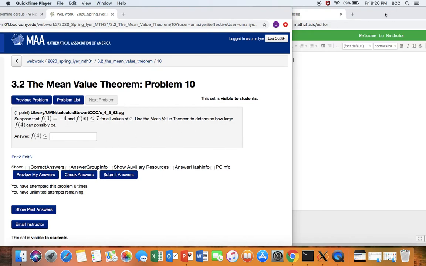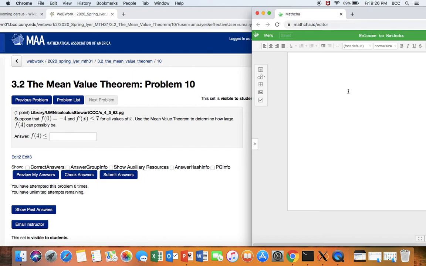So first thing, we have to assume that f is continuous and differentiable. Well, do we have to assume? Look, you're told there is a derivative. Okay, so the problem states that f prime at x is less than or equal to 7, and this happens for all x.